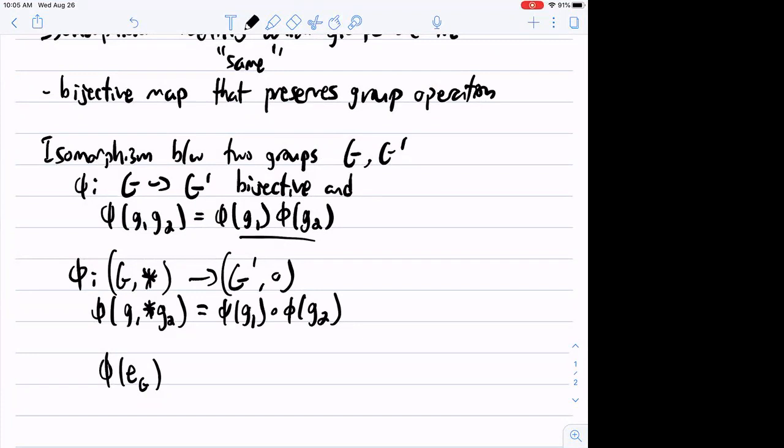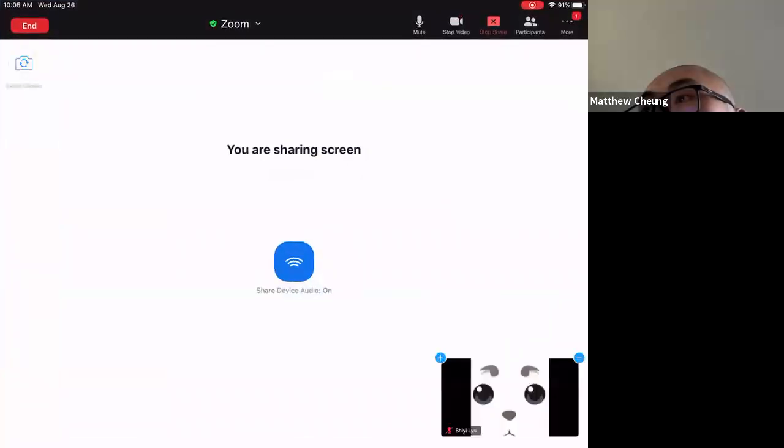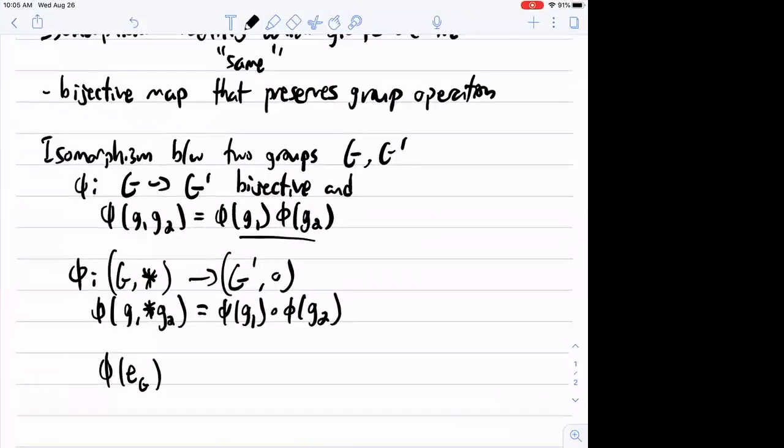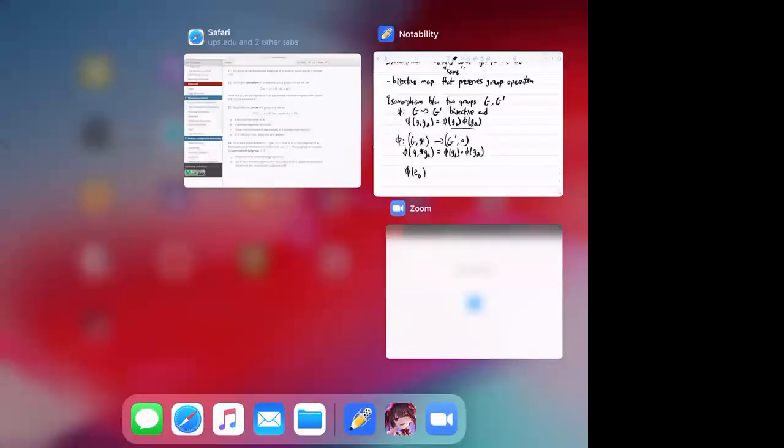You really don't have much of a choice since I didn't tell you what G prime is. What's the one element you know G prime has? Any ideas?